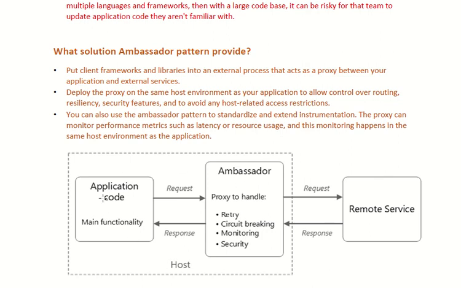The application just delegates a network request to this out-of-process proxy, and the ambassador will take further responsibility of implementing resiliency features or any cloud features like authentication, authorization, security, monitoring, and retry mechanisms. All these things will be taken care of by this particular ambassador.